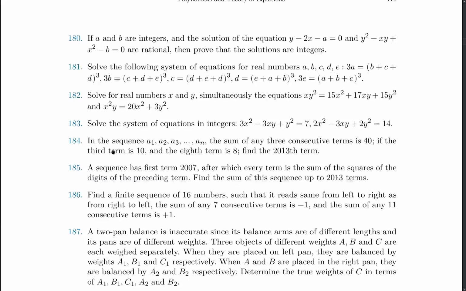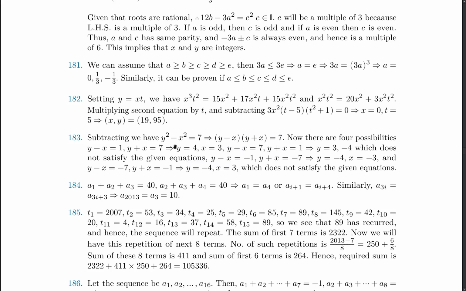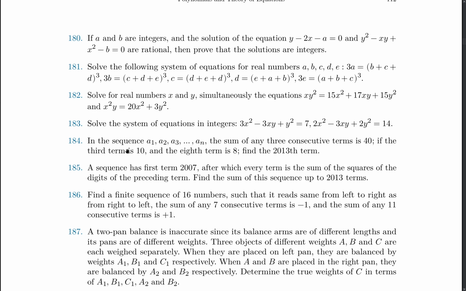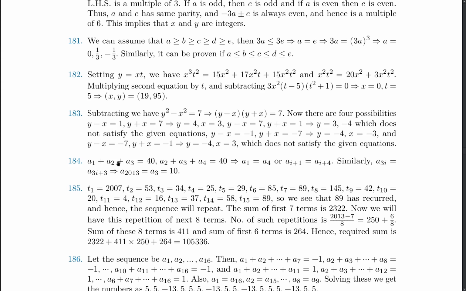Question 184 says that in the sequence a1, a2, a3 up to an, the sum of any 3 consecutive terms is 40. If the third term is 10 and the 8th term is 8, find the 2013th term. So it is given that sum of any 3 terms is 40.